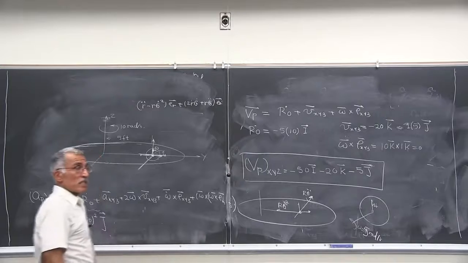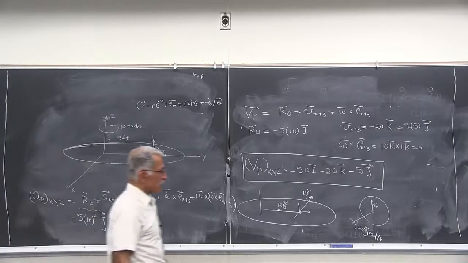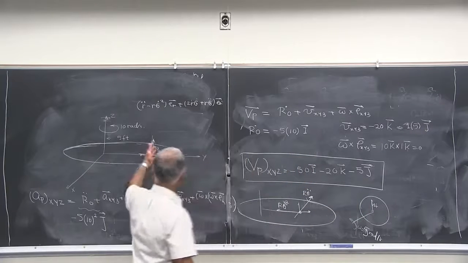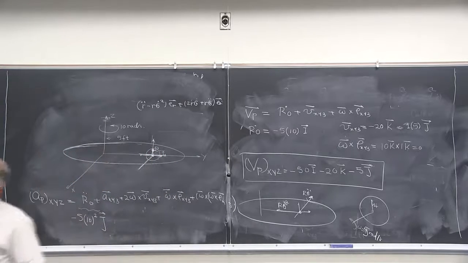That's your equation in the cylindrical or polar coordinate system. Your r double dot is coming with the acceleration of 10 feet per second square. We said this particle is coming down with acceleration of 10 feet per second square.